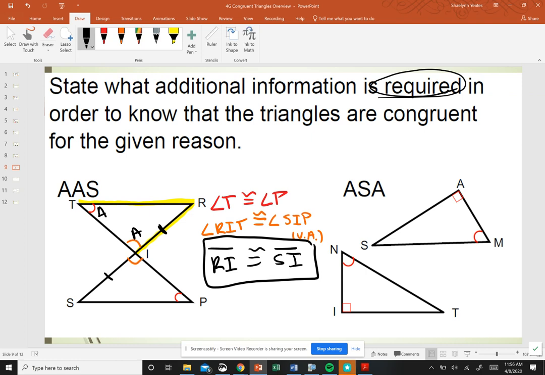Cool. Now for this one, we want angle, side, angle. So we want the side in between the two angles this time. First we mark our two congruent angles, and luckily they're already marked. Angle A is congruent to angle I because they're marked with the same stuff. Angle N is congruent to angle M because they're marked with the same stuff.